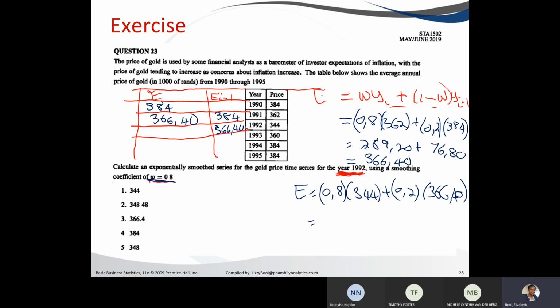And when we calculate this, we get 2 plus that 0.2 times 366 gives us 73.